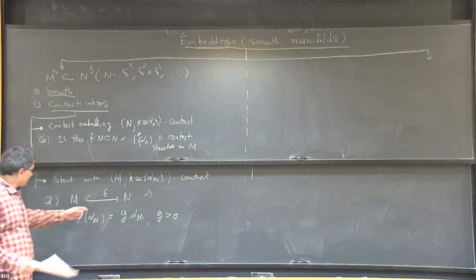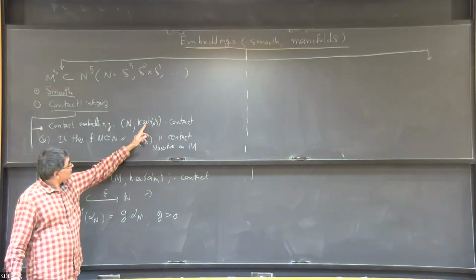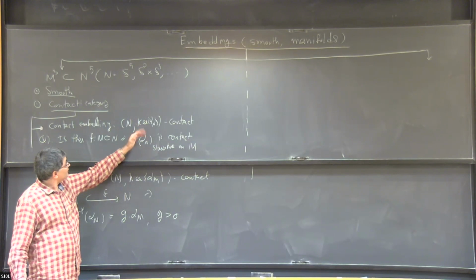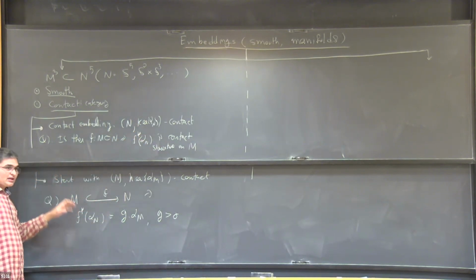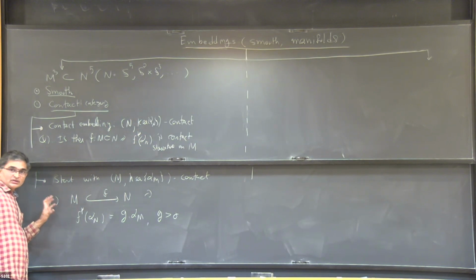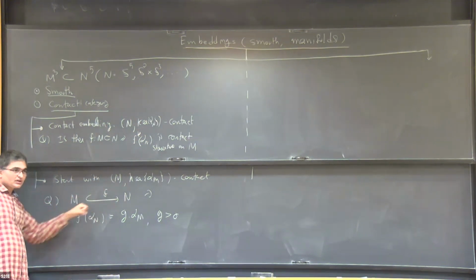This says that you can embed in such a way that you restrict the contact structure to f of m, and it induces a contact structure. While in the second case, I've been given a contact structure and I have to, in addition, ensure that it's not just a contact structure, but it's the given contact structure.